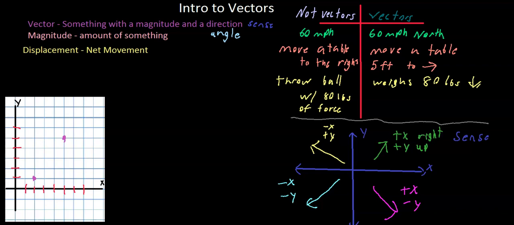And so it was moved a certain magnitude. It moved a certain amount. And since it has a magnitude, we just don't know what it is, and a direction, this is a vector. We will call it, well, it doesn't really matter what we call it, so I'll just name it vector n. I have a few questions for you about vector n. My first question is, what is its sense? My next question is, what is its magnitude?